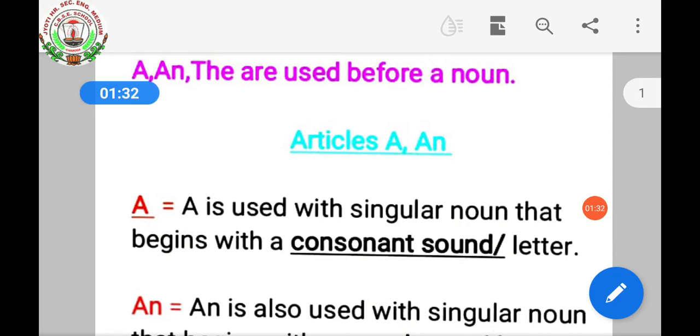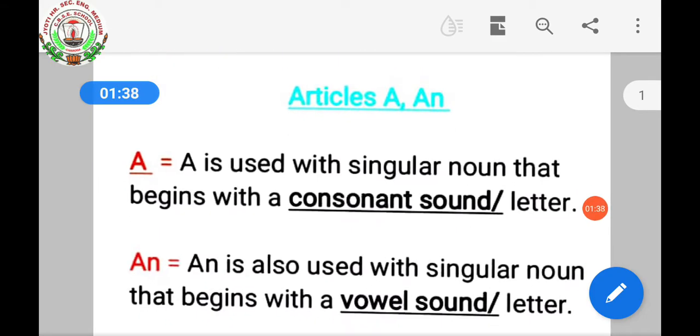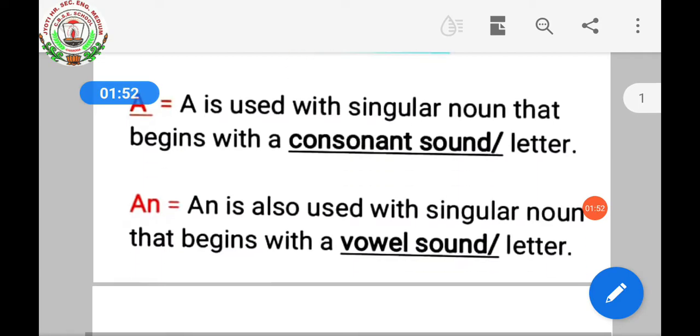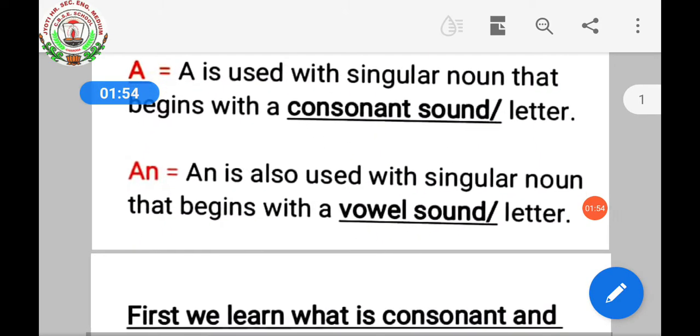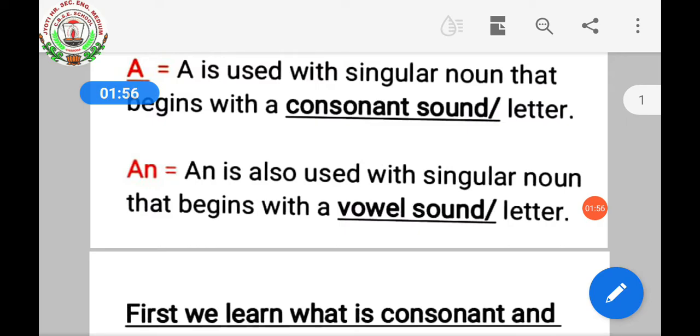Okay, students? So where do we use a? A is used with a singular noun that begins with a consonant sound or letter. And an is used with a singular noun that begins with a vowel sound or letter.